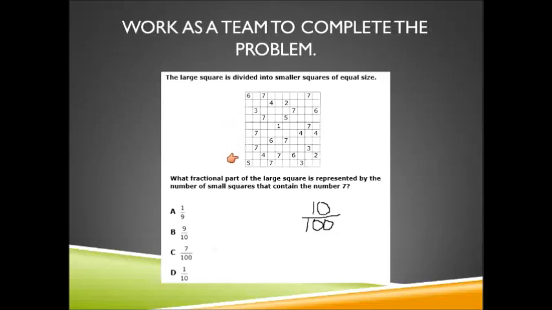So he counted 10 squares this way, 10 squares across, multiplied that gives us 100. Because when we're finding fractions, remember the whole always goes in the bottom, so we have 100 of them. And it wants to know how many number 7s are in the squares.